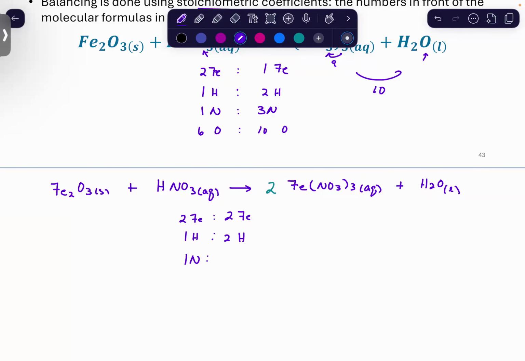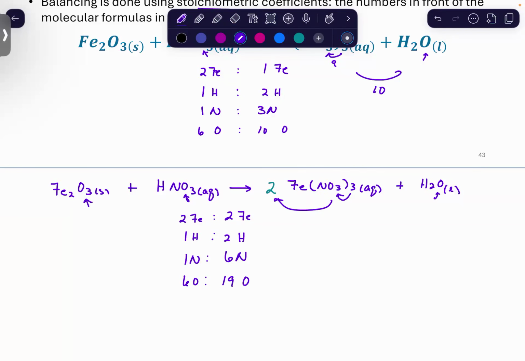On the right, I have 3 times 1, that's 3 nitrogens, times 2, that's 6 nitrogens. And then I have 6 oxygens on the left, 3 plus 3. Let's look at how many I have on the right. I have 3 times 3, that's 9, times 2, that's 18, plus 1, 19 oxygens. Okay, well, at least my irons are balanced.